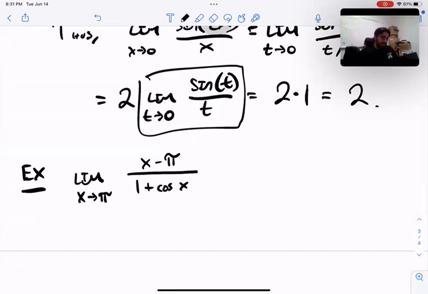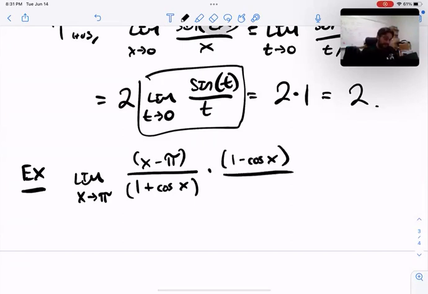So I need some other trick. This is a great place to try multiplying by the conjugate, because I don't have any better ideas, right? I'm just trying to rewrite it in some other form, and hopefully this other form is more useful than the form we have right now, right?